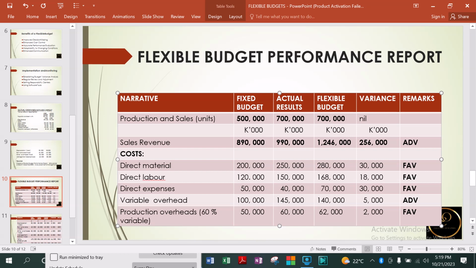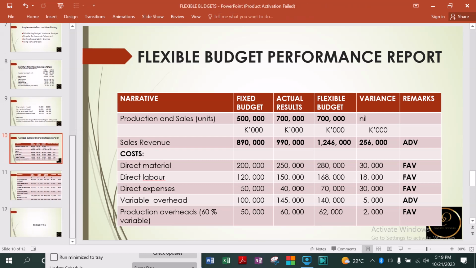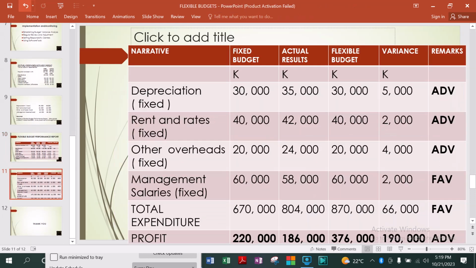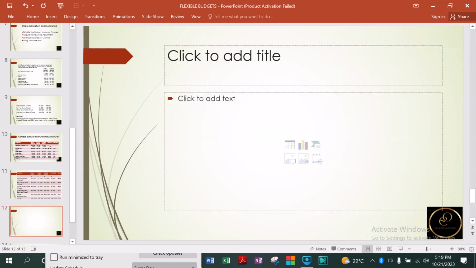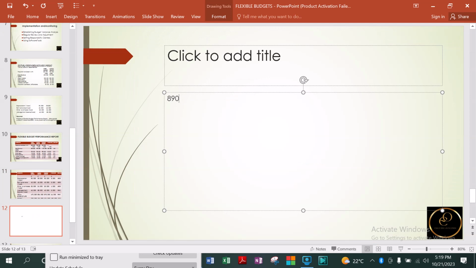Let me just give you some bit of workings. You have 890,000 or 890 million. You divide this by 500,000.